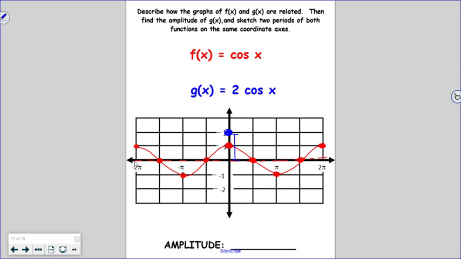And then we go back to our midline, 2 below. Back to my midline, 2 above. Because every time we leave our midline, it has to be the distance of your amplitude. Back to my midline, 2 below, back to my midline, 2 above. Connect all those dots with a nice, smooth curve.